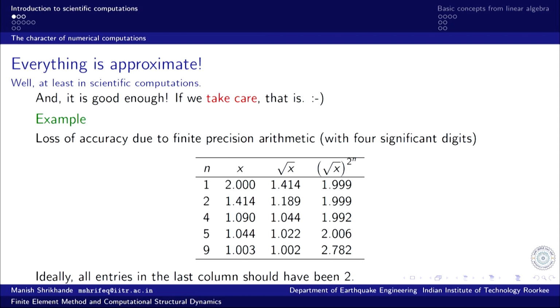Now, the problem is, as you can see, as early as the 9th cycle we have a number which we cannot by any stretch of imagination call a good approximation of the number 2. Up to 5 iterations, it is close enough, but by the 9th cycle the number is very different.